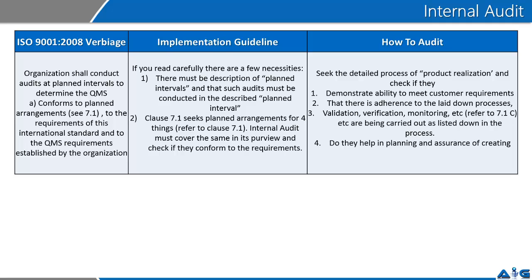Should you be auditing this area, you must seek the detailed process for the product realization and check if they demonstrate the ability to meet the customer requirement, that there is adherence to the laid down process, and validation, verification, monitoring, etc. are being carried out as listed in the process, and do they help in planning and assurance of whatever is mandated by ISO 9001 clause number 7.1.